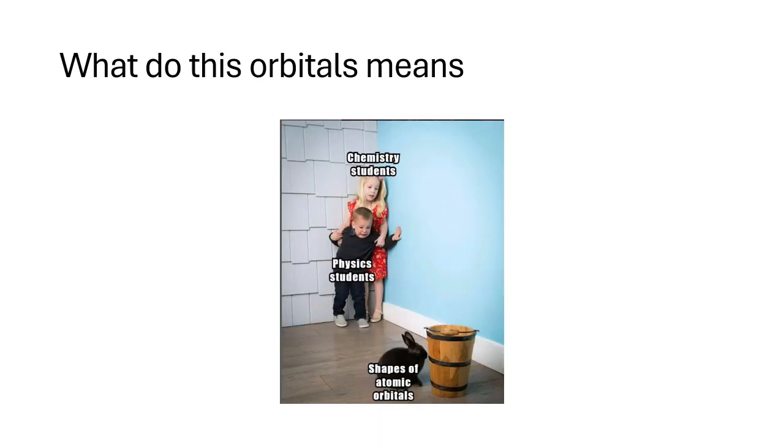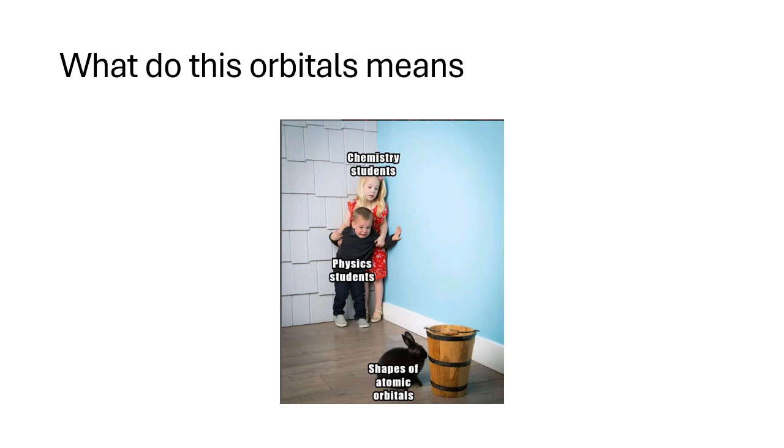All right, so one thing we're going to get into is shapes of orbitals. Remember, S is circle, P like this, and then D, 1, 2, 3, 4. D does have one other shape, but we're going to ignore that.